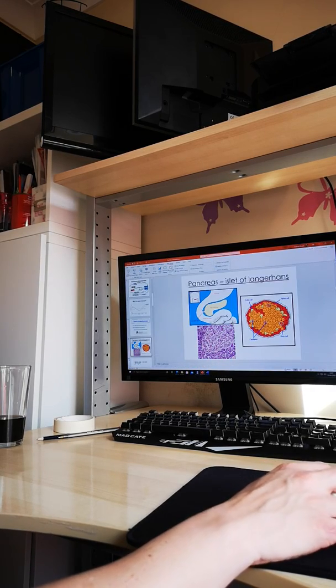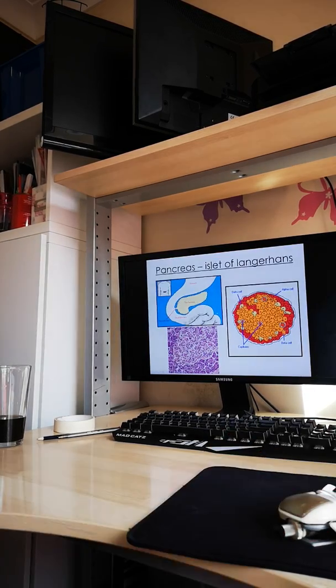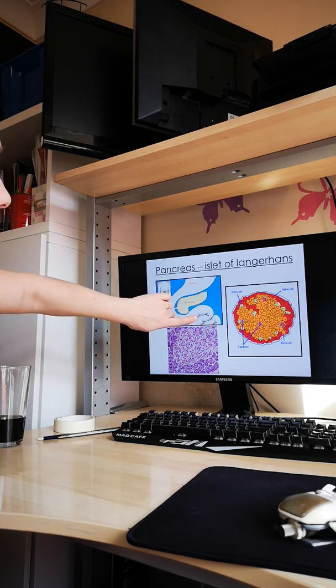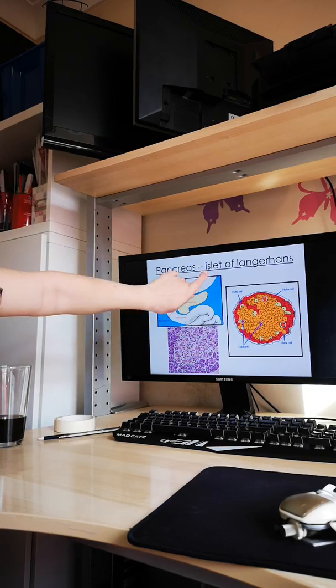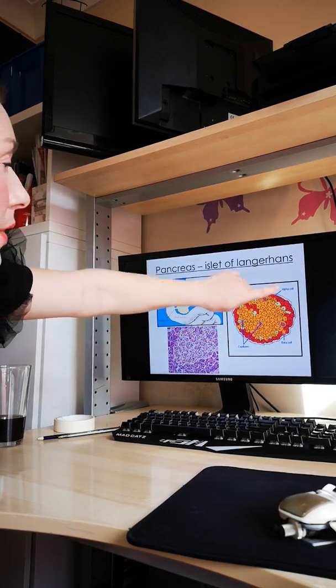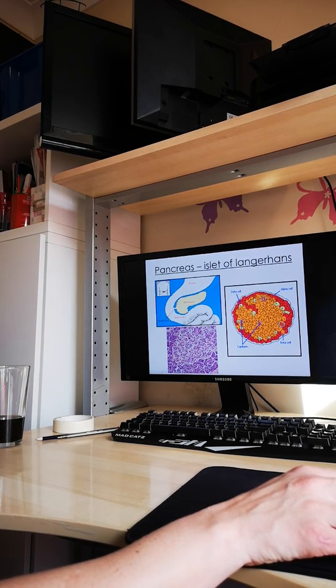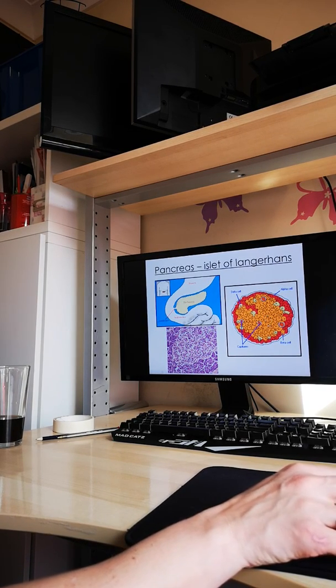Okay, so back to our pancreas. If we were to look at the pancreatic tissue, it's built up of many specialised pockets called islets of Langerhans. In the islets of Langerhans, you can see we've got lots of capillaries, so the cells there produce the hormones that control blood glucose. They are secreted into the blood by those capillary systems.